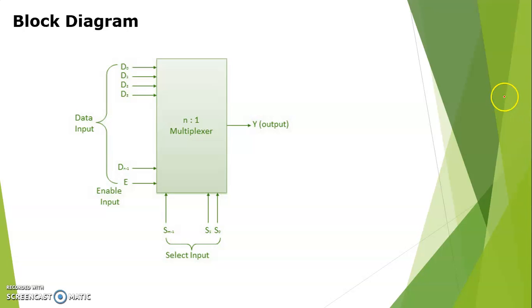D0, D1, D2, D3 to Dn minus 1 are the data inputs, this is the enable input when the signal is active low, this is the select input, and this is the output. Number of inputs and one output, an n to 1 multiplexer.